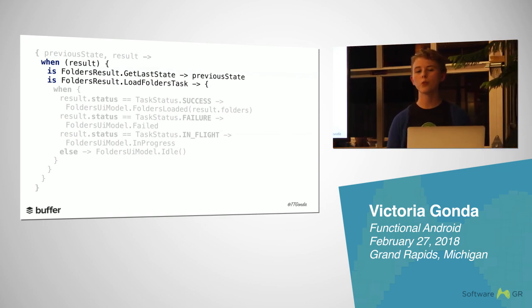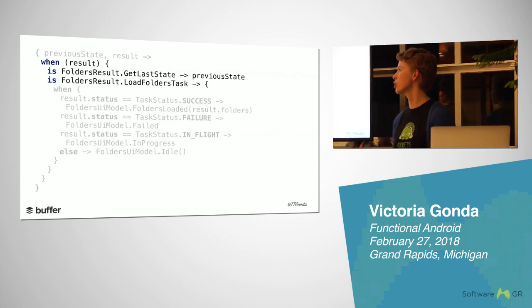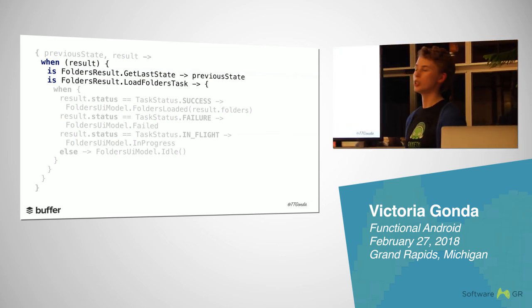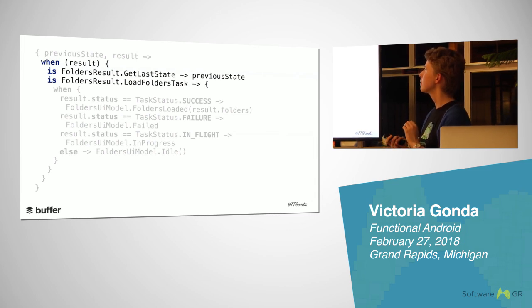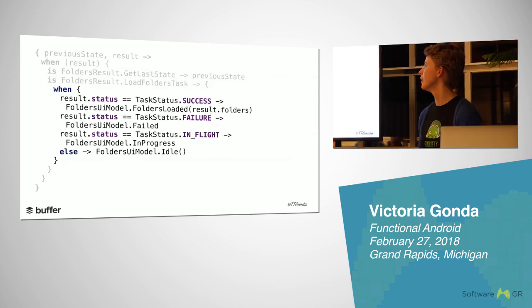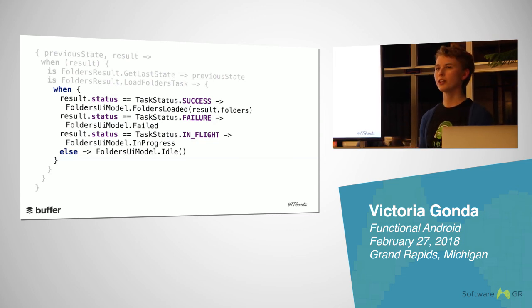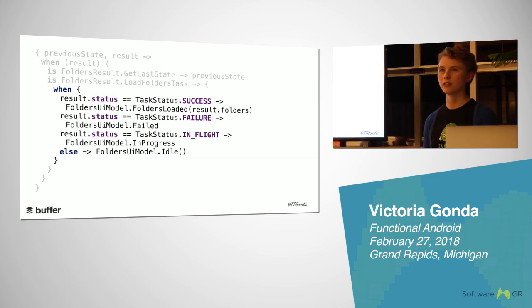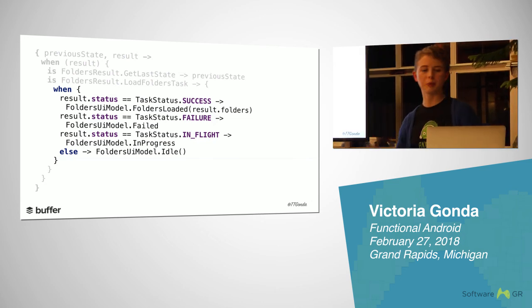Within it, we're seeing what type the result is to help determine the state that we should return. So if it's a get last state, we're returning the previous state. If it's a load folders task, we do a little bit of other logic to find out what we need to return. If the status is in flight, we're going to do an in progress UI model, so it can show the little loading spinner.